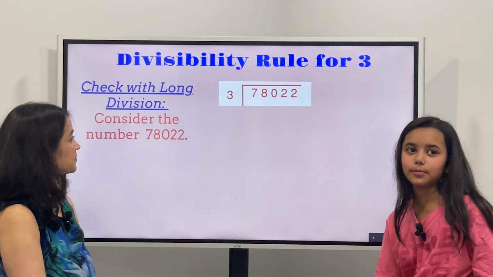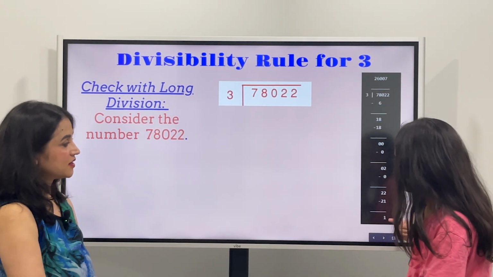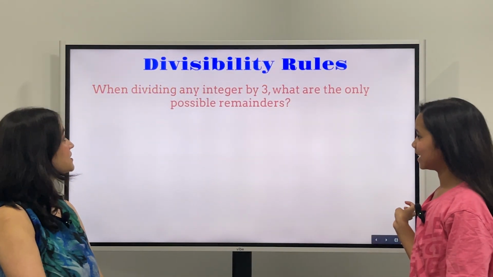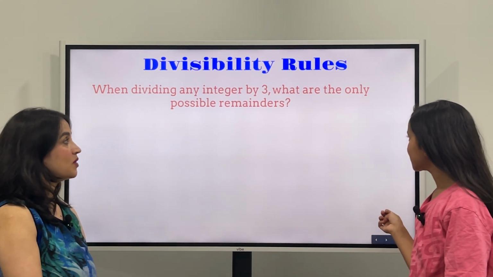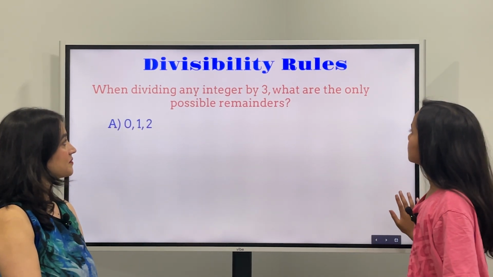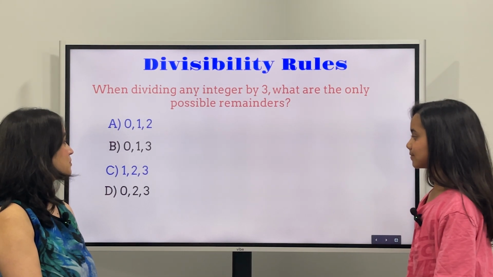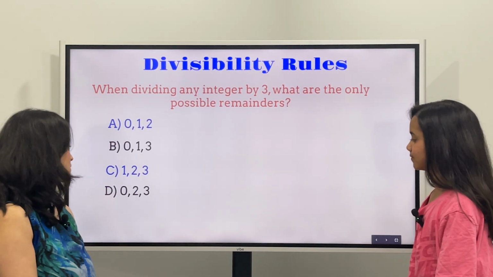So next, check with long division. We don't really have to do this one because we already did the other one. Keep practicing. So the remainder for this is 1. Next: when dividing any integer by 3, what are the only possible remainders? A: 0, 1, 2; B: 0, 1, 3; C: 1, 2, 3; and D: 0, 2, 3.